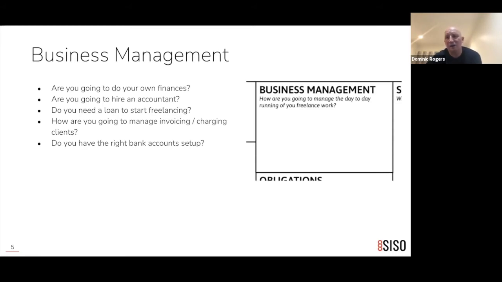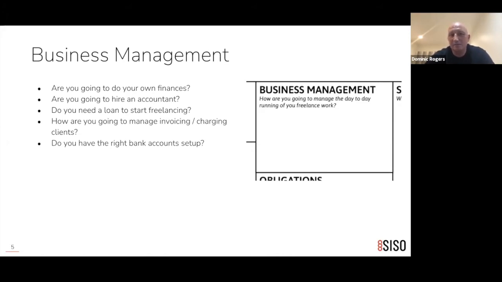Or if not, are you going to hire an accountant? The next thing, in terms of setting up, is do you need a loan to start freelancing? Do you need to buy yourself some stuff to start freelancing, or is there certain collateral that you need? Is there a vehicle that you need, or something like that? The next is how you're going to invoice and charge your clients, because that's the key to day-to-day running: you've got to make sure you get paid.